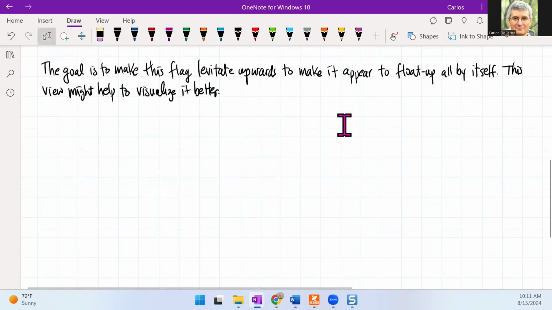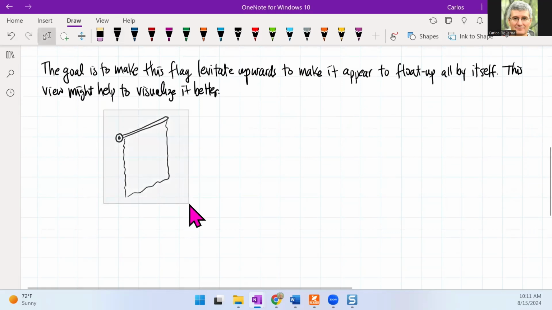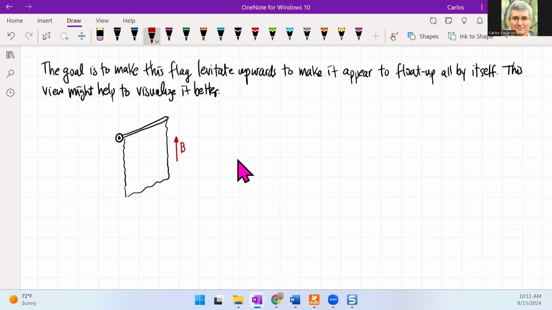So if I start drawing things at an angle, I imagine that I have something like this. I'm going to have my pole, and let's say that it goes something like this. And then I'm going to have the flag coming down. Yeah, that's the flag right there. Now, in order to do this, I'm going to immerse this in a magnetic field, and I'm going to call that the Z direction.